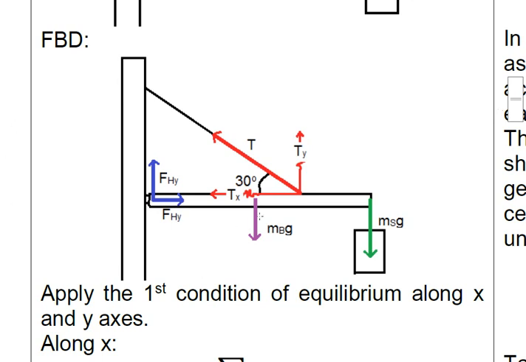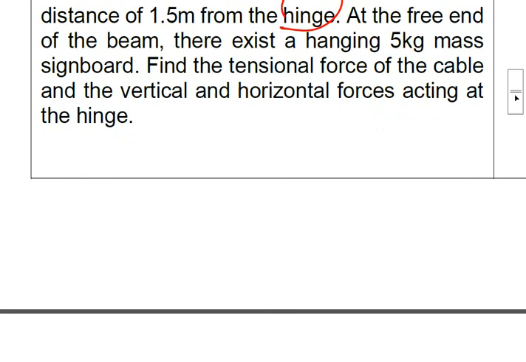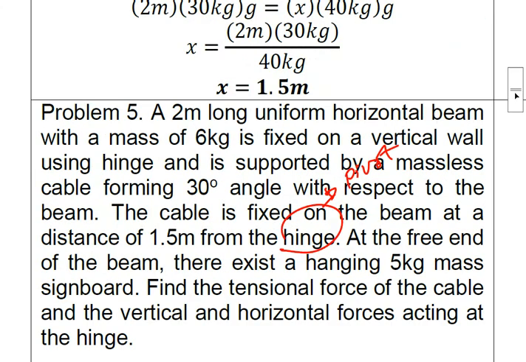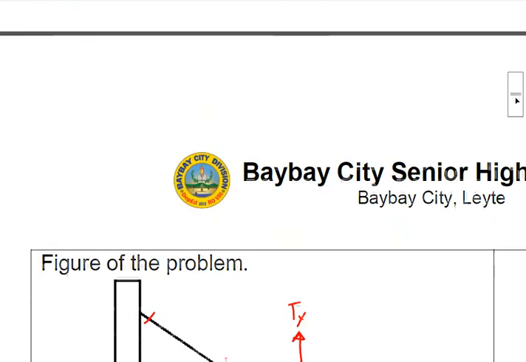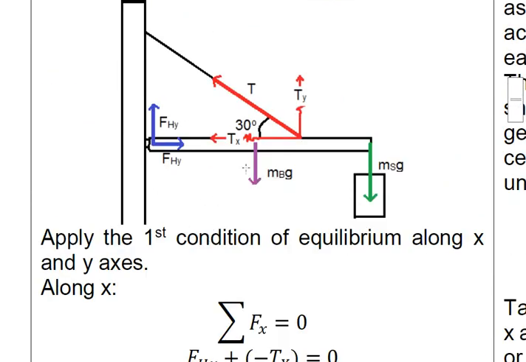The problem states that the beam is, I think, 2 meters long. If the beam is 2 meters long, the weight of the beam should be acting at 1 meter. Why? Because again, we should take into account the moment arm for the weight of the beam.